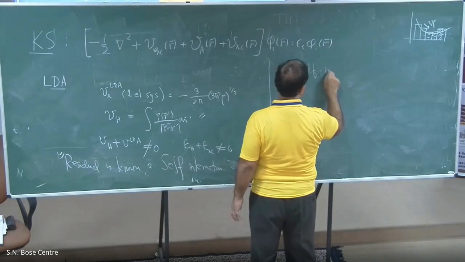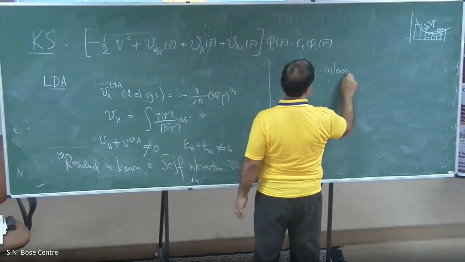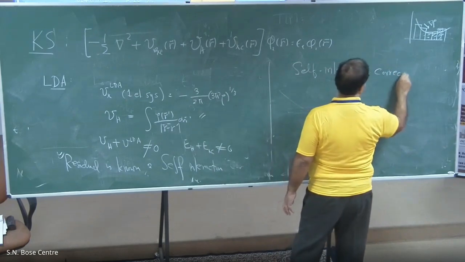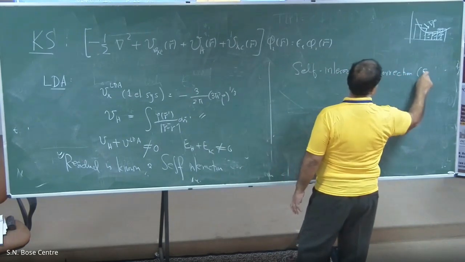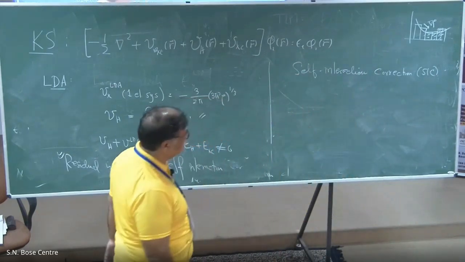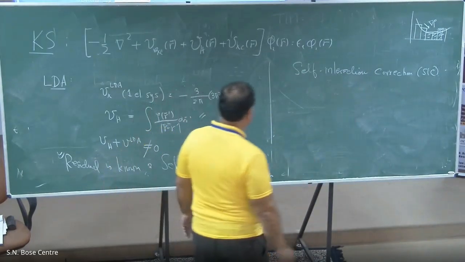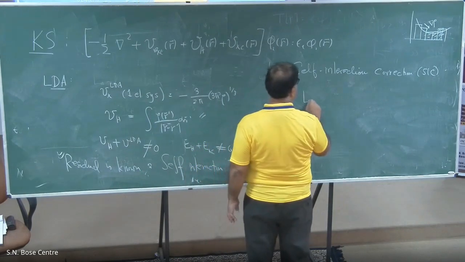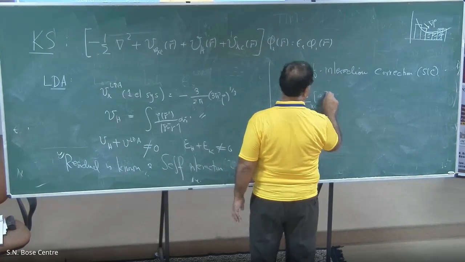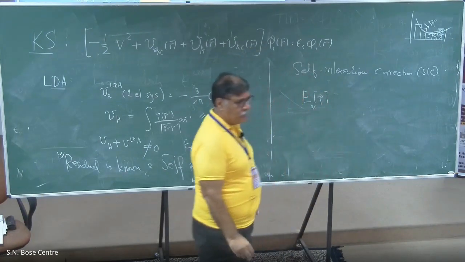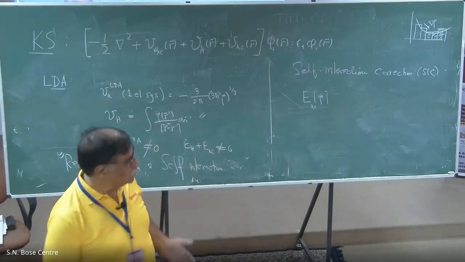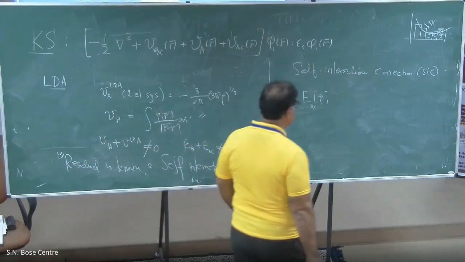But then, way back in '83, '84. So what you do, you take a functional, there is a functional for n electrons, and for each orbital, you make a self-interaction correction.